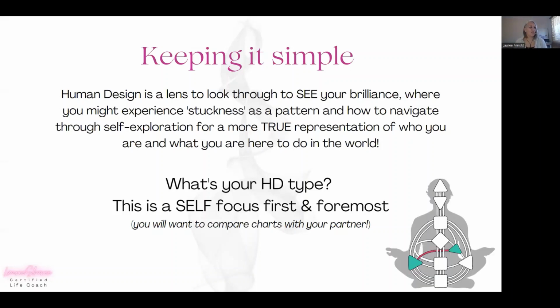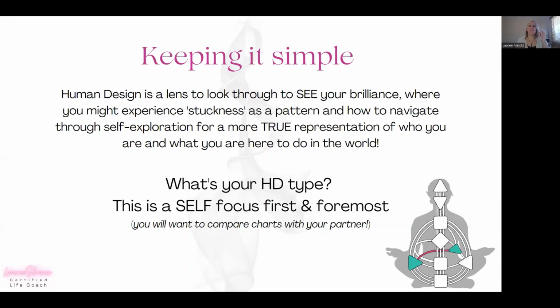Okay. So human design literally is just a lens to look through. We're going to keep it simple today. It's a lens to look through to see your brilliance. And when it comes to any relationship, once you see your brilliance, it's really easy for someone else to be attracted to that brilliance, right? So we're going to use it as a lens to see your own brilliance.